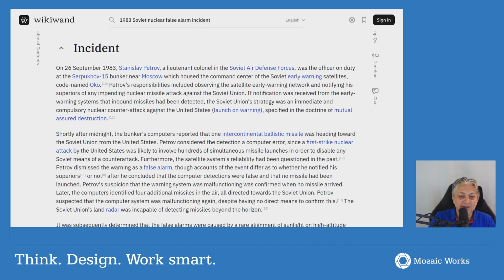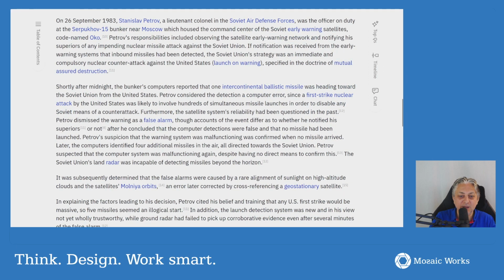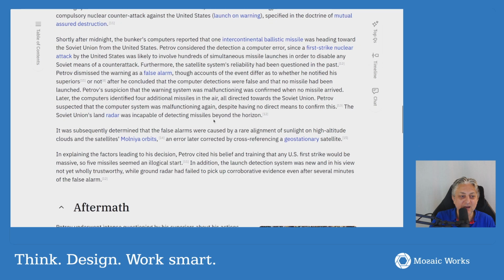Petrov's responsibilities included observing the satellite early warning network and notifying his superiors of any impending nuclear missile attack against the Soviet Union. If notification was received from the early warning system that inbound missiles had been detected, the Soviet Union's strategy was an immediate and compulsory, so not only immediate but also compulsory, nuclear counterattack against the United States, specified in the doctrine of mutually assured destruction.